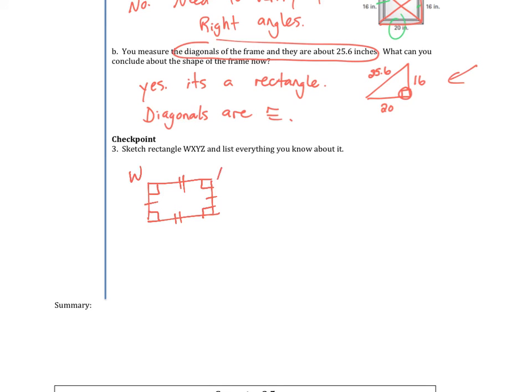W, X, Y, and Z. So it is a parallelogram. So since it's a parallelogram, we know the opposite sides are congruent and the opposite angles are congruent.